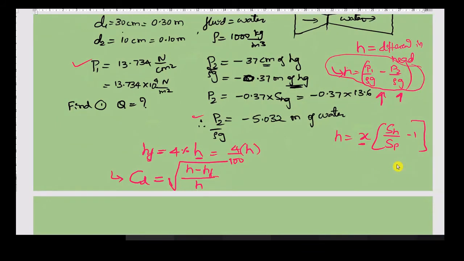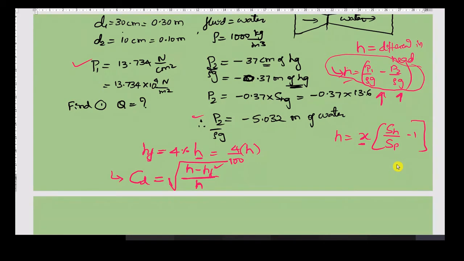So CD is the square root of H, where H is the difference in head, minus the extra losses considered in the venturimeter between inlet and throat, divided by the H value.